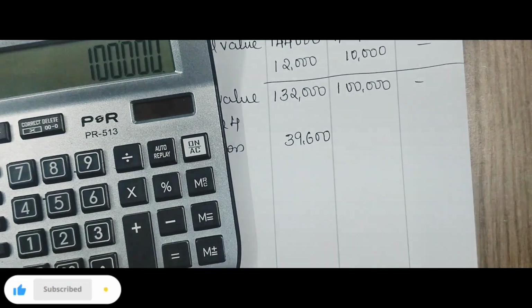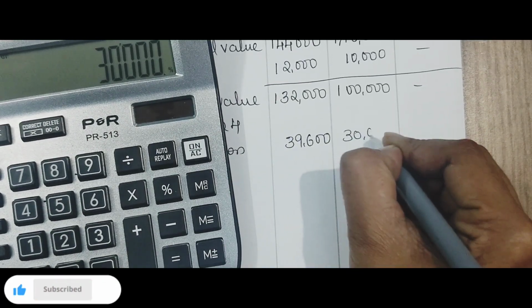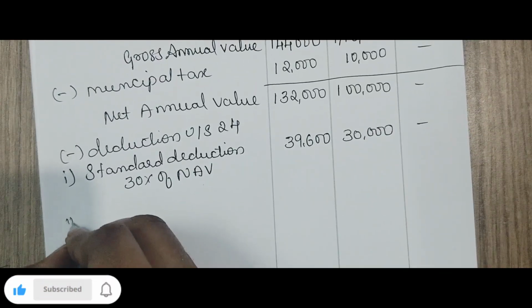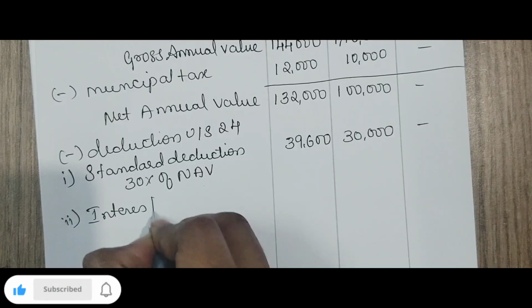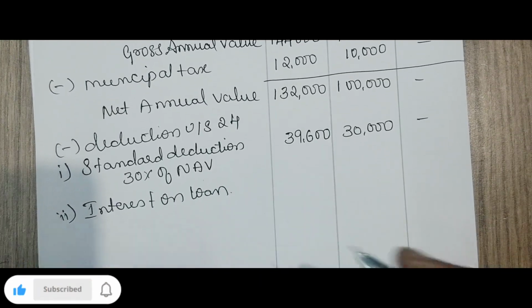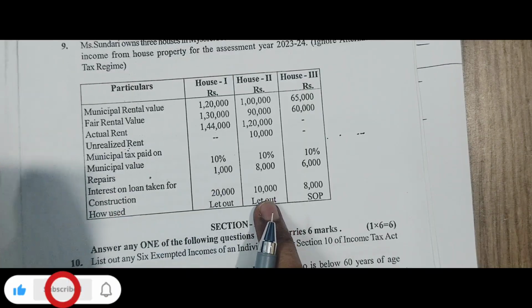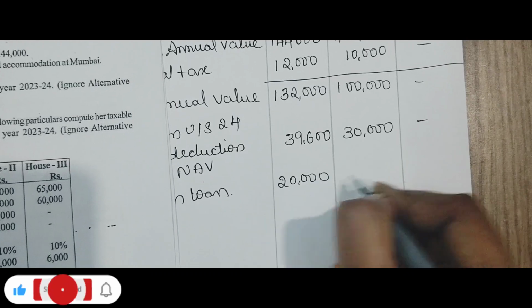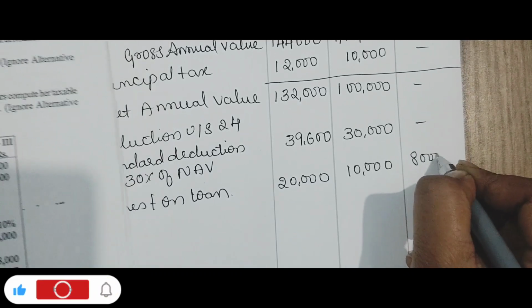On 1,00,000, 30% is 30,000. And next, interest on loan. Here you can see 20,000, 10,000, 8,000.